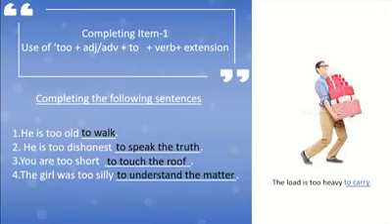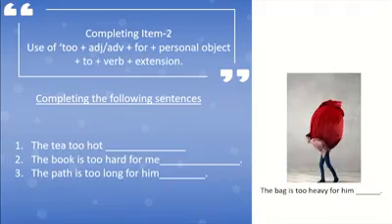Here I am giving you more examples so that you can get more information and you can understand the first rules of this completing sentence by solving this kind of exercises. Now, dear students, let's move to our next completing item.